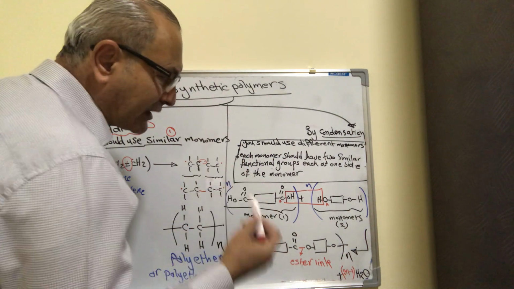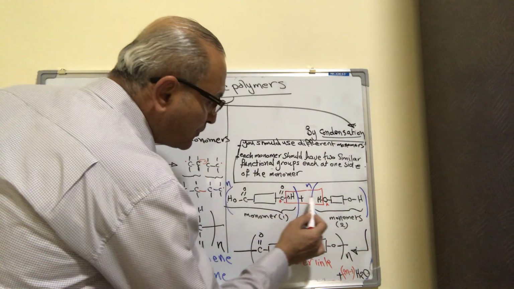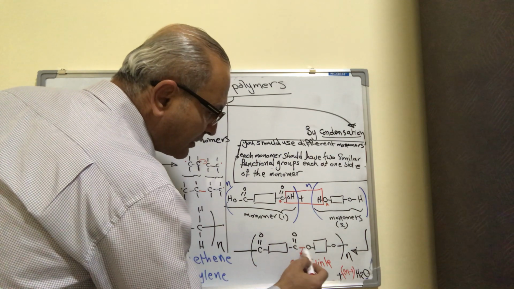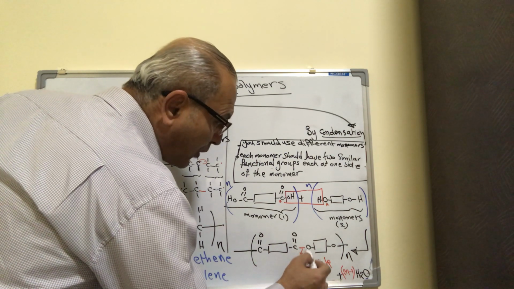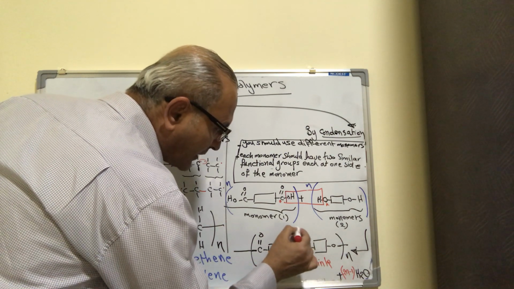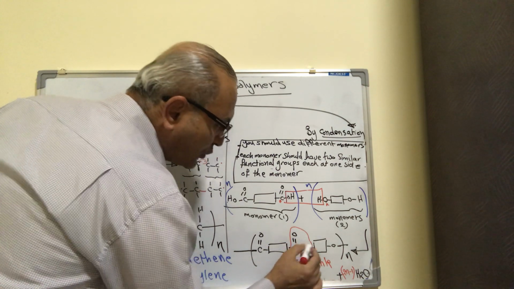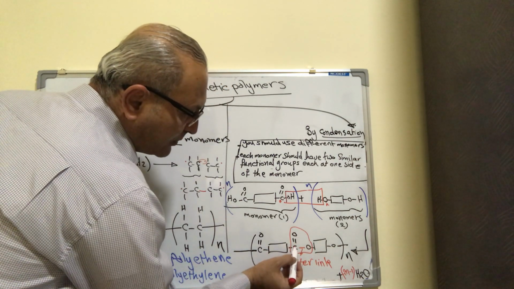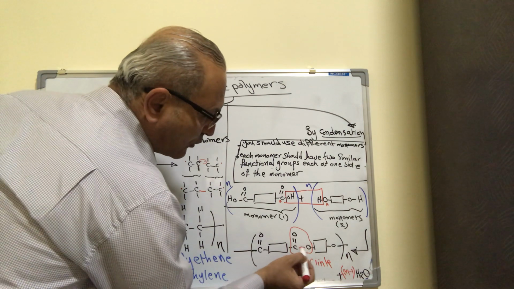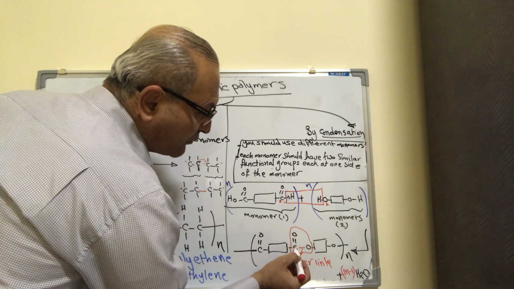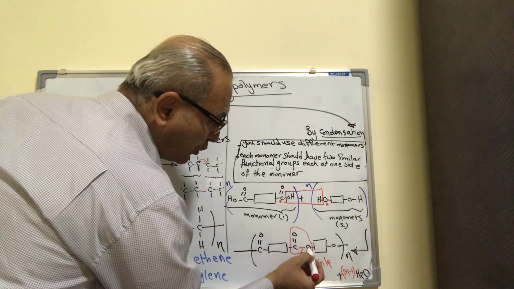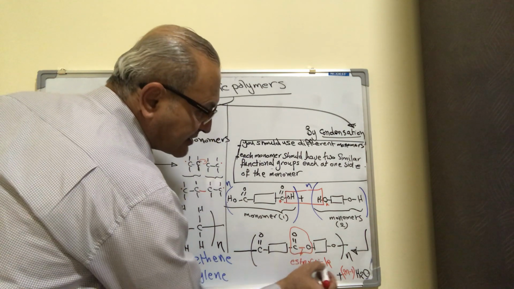And look carefully that for each bond within the polymer, each ester bond, here is how you can locate the ester bond. Look between C double bond O and the other O. Whenever you find C double bond O and O, just between them is the ester link.